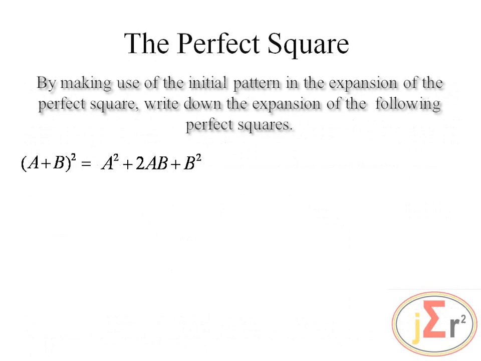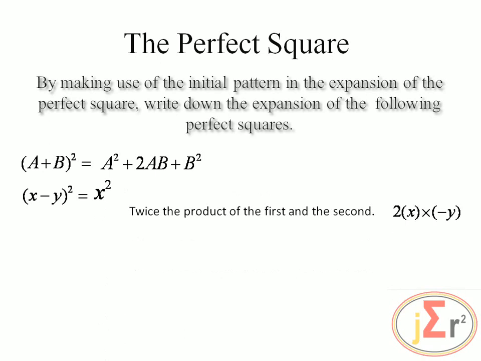We will continue taking another short look at the perfect square, and we have right here that we are making use of the initial pattern. So by making use of the initial pattern in the expansion of the perfect square, write down the expansion of the following perfect squares. So we have (x - y) all squared. What do we do? We square the first. Square x, we get x squared. Then twice the product of the first and the second.